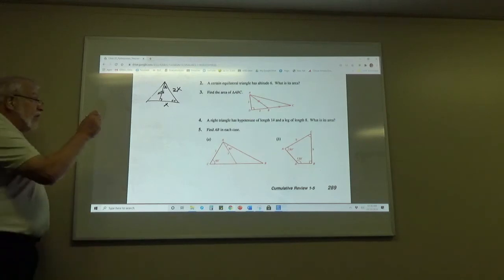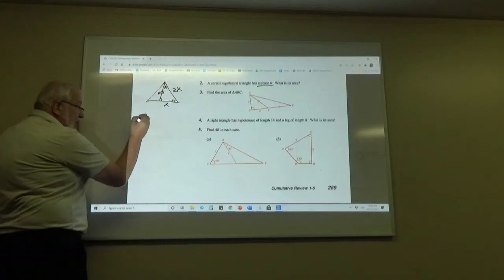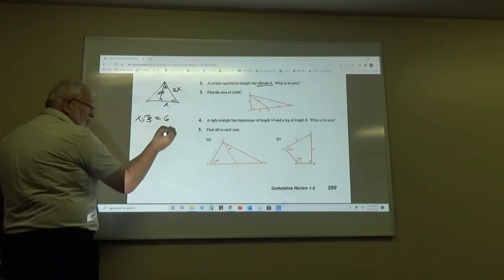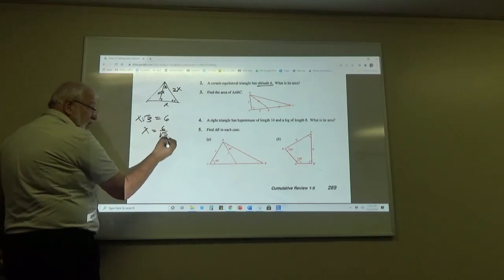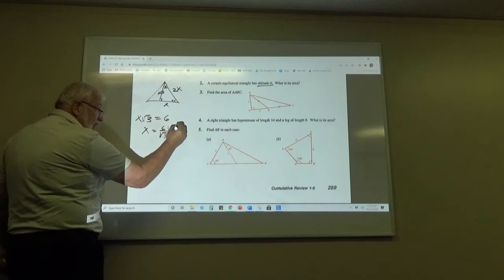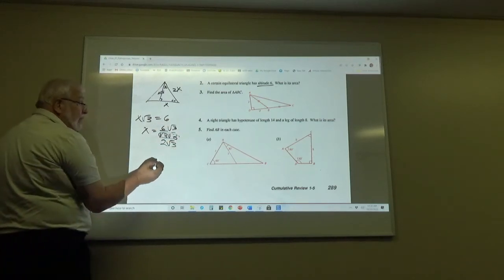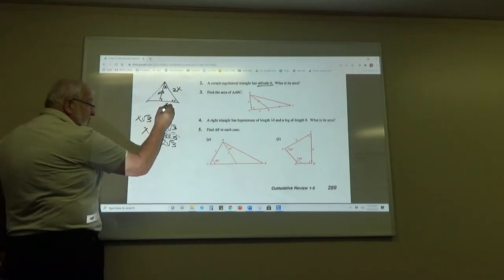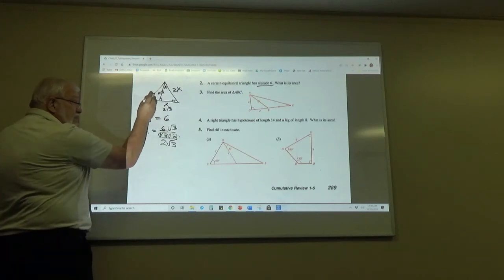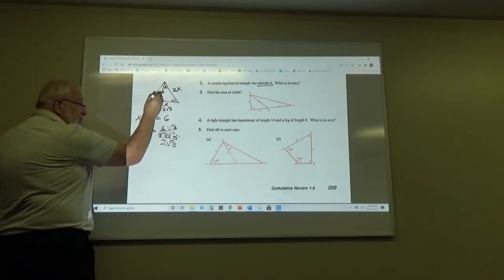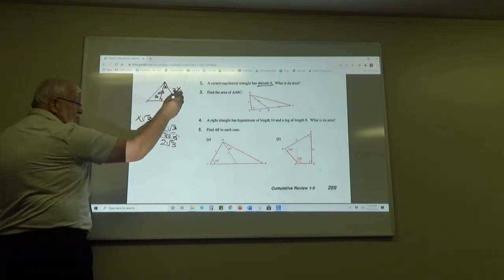All right, so the question is, if the altitude is 6, so if x square root of 3 equals 6, then that means that x is equal to the 6 divided by square root of 3, which I rationalize. That makes that a 3, and so that's 2 square root of 3. So if x is 2 square root of 3, then this becomes 2 square root of 3 times square root of 3, which is 6, and this becomes, well, we don't need that, because all I need is this.